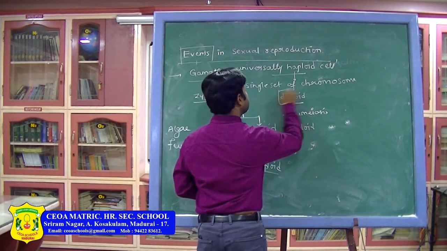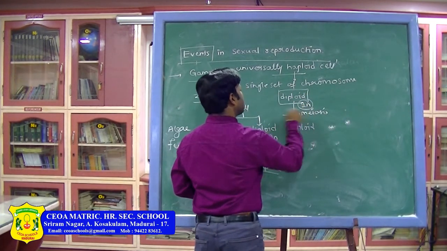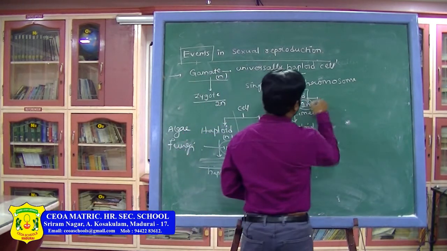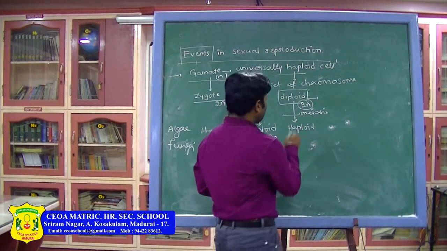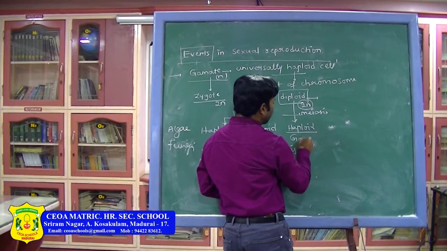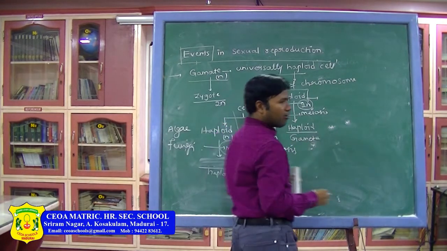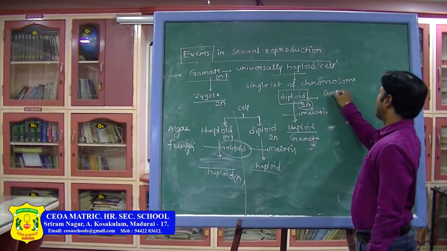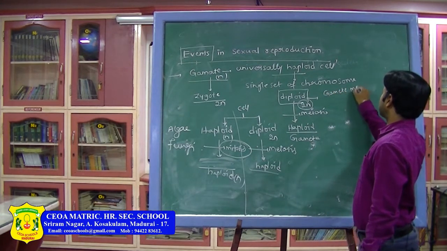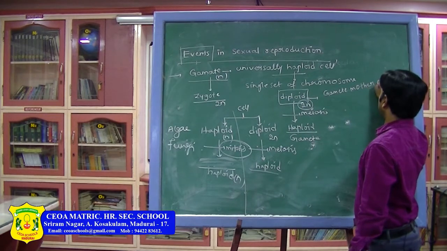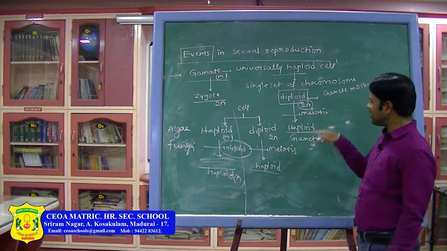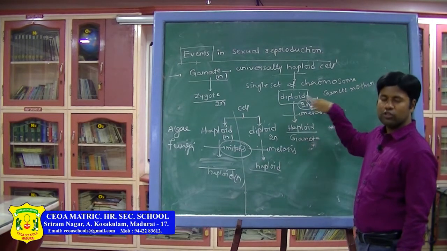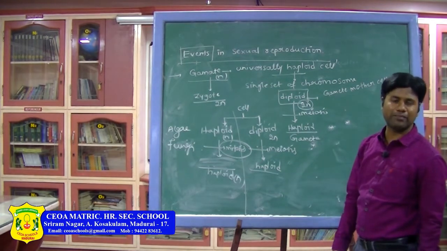This diploid cell undergoes meiosis. Now what do you get? A haploid cell. For example, this is a gamete. What we got? Gamete. So this is called a gamete mother cell. What are we calling it? Gamete mother cell. Why? Because these gametes are produced from this. That is the reason why this is called a gamete mother cell.